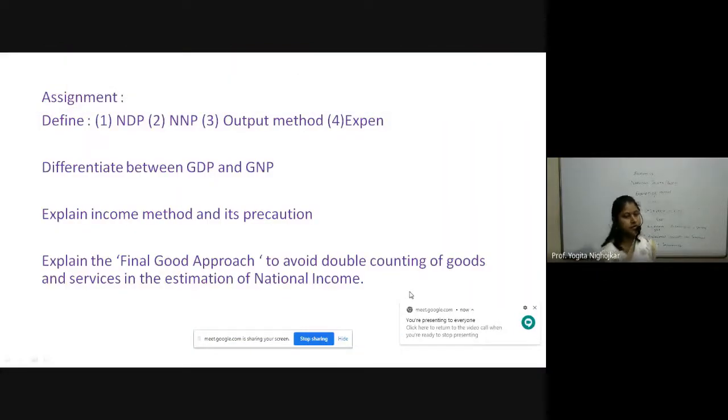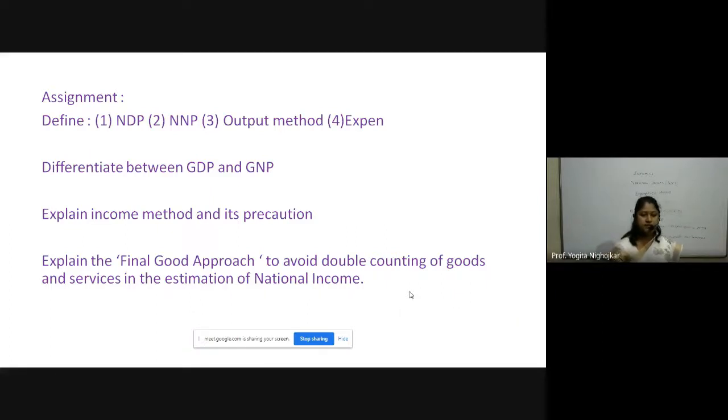Write down this assignment in your notebook. First, define NDP, net domestic product, NNP, net national product, output method and expenditure method.